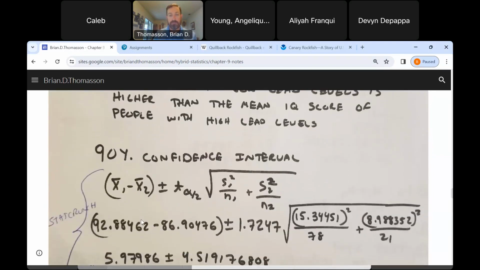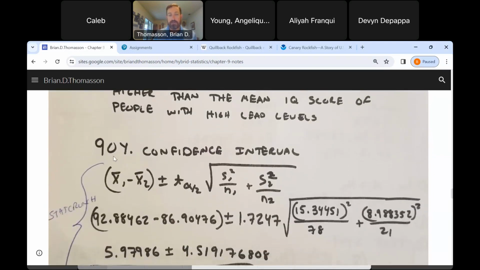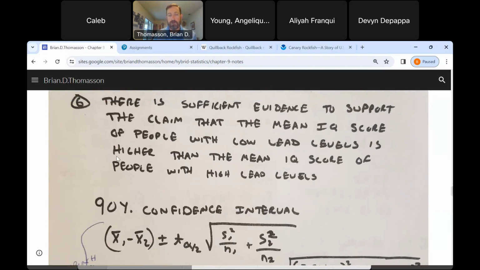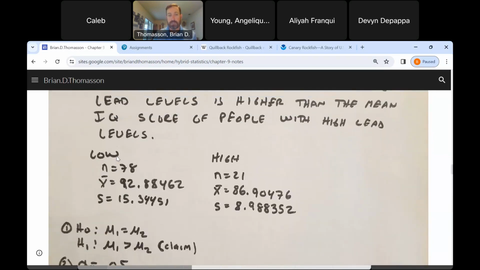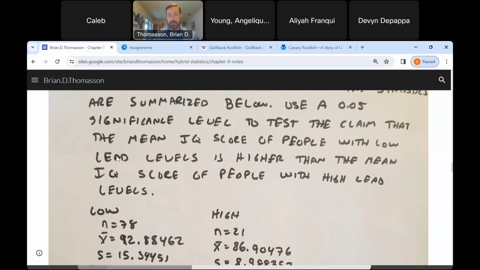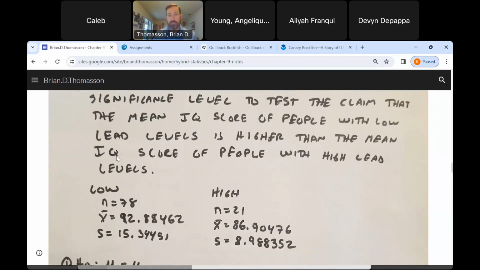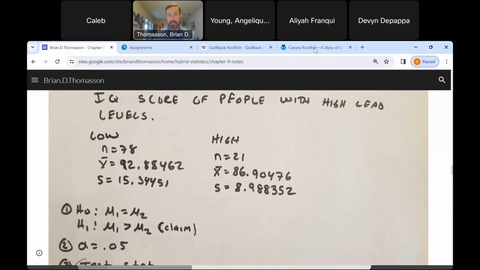So we want to build a confidence interval. Now I have a 90%. Now let's figure out where that 90% comes from. Okay, so we have an alpha of 0.05 and a right tail test. So when we're doing the hypothesis test, it's a right tail test, so we put the full alpha in that right tail.